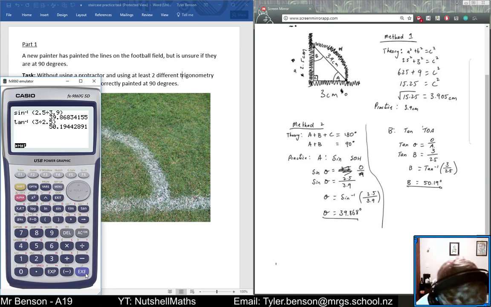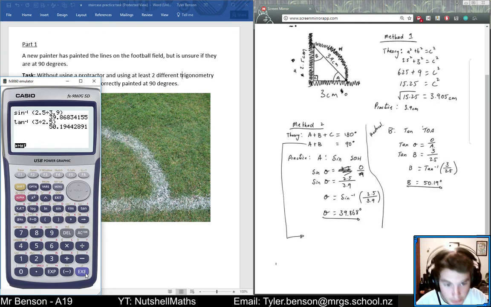Okay. So here's our practice, this was our practice in the practical sense. Let's test our theory. In theory, looking at this, A plus B should equal 90 degrees. So we found A as 39.868 plus our B, 50.19.